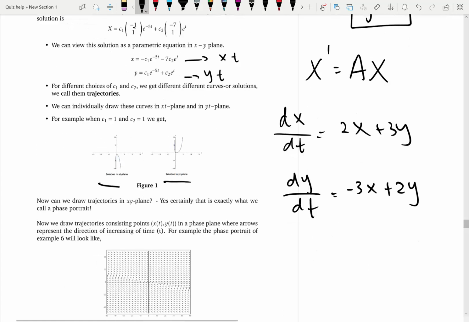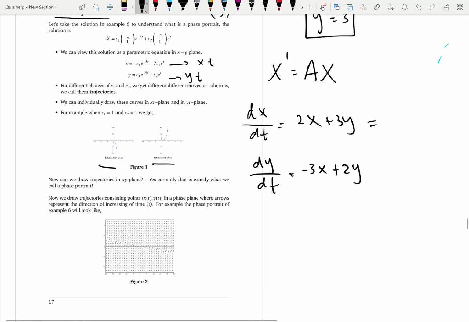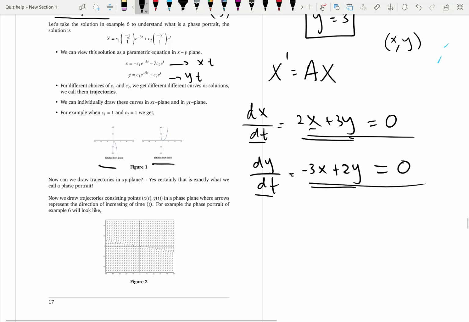These are two equations. If you want to find the equilibrium point, both of them have to be equal to 0. What is the xy point where you have rate of change 0? Tell me an x and y value that satisfy both equations and make both left-hand sides 0. What is a guaranteed x and y value that you can just see by looking at these two equations? 0, 0, right?